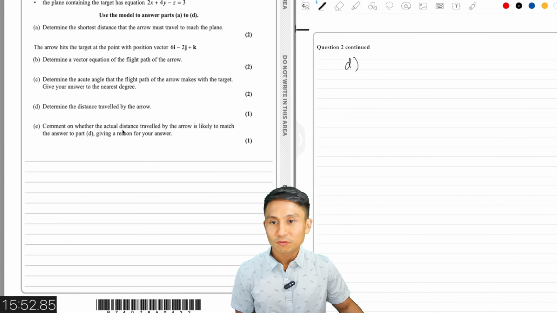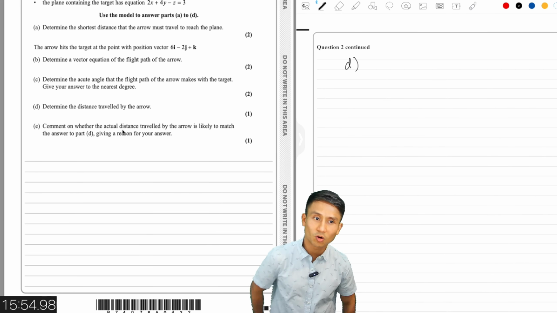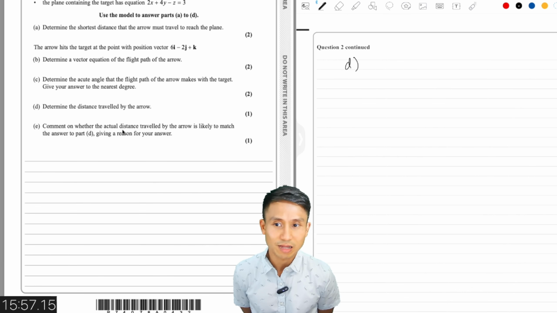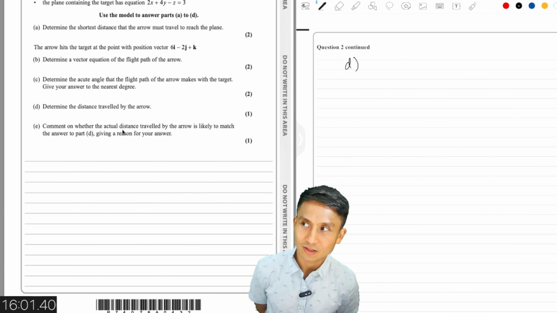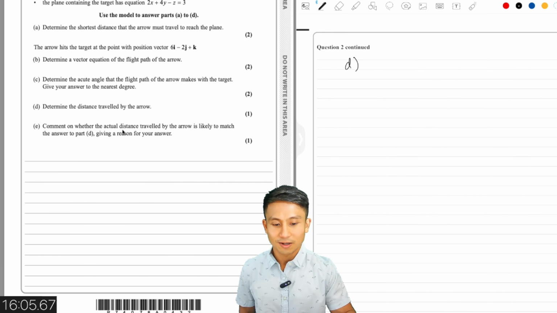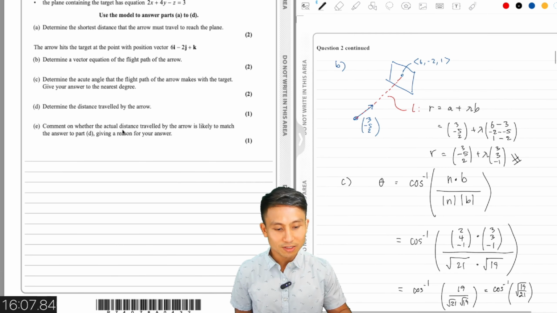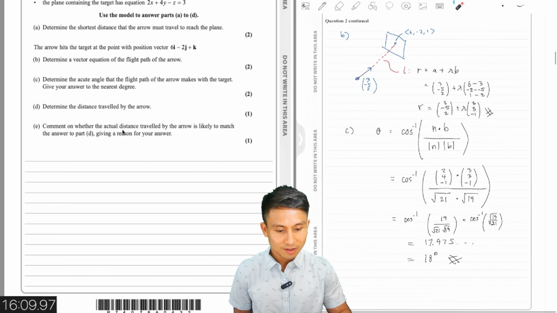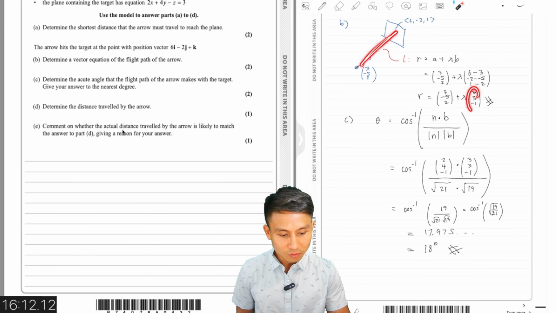Determine the distance traveled by the arrow. That shouldn't be hard, although it's not going to be the shortest distance, right? But we can find the relative vector between these, and that is already the vector we found here.